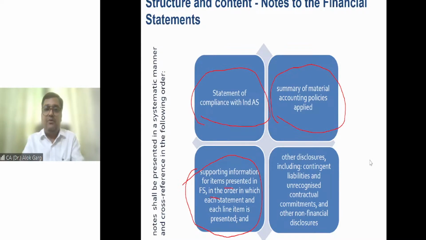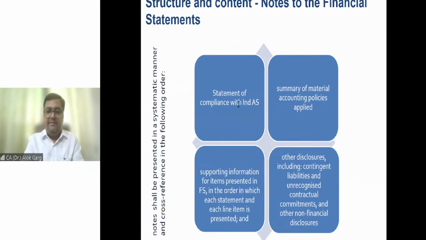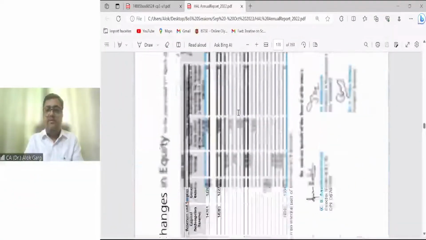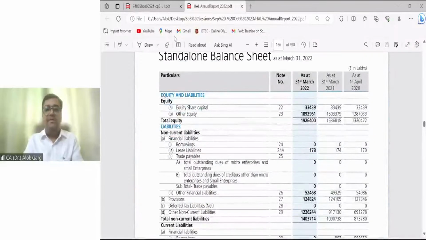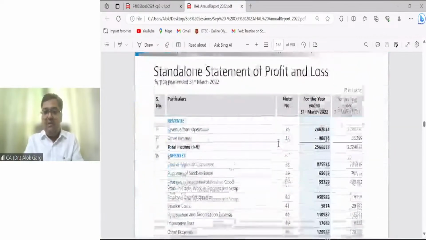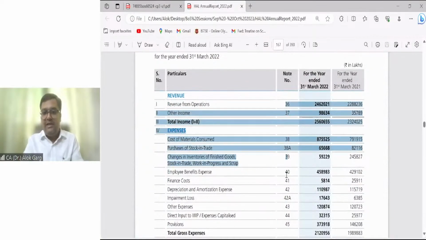For example, let me show you what it is talking about. The breakup of the balance sheet, the breakup of the P&L. You have seen that in your entire balance sheet and P&L, there is a note referencing. In your balance sheet, you can see that there is a note referencing, note number 22, 23, and this is in sequence. In your P&L, again, this note number is in sequence.